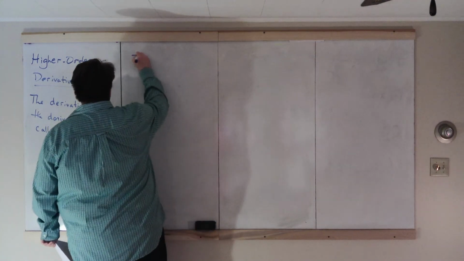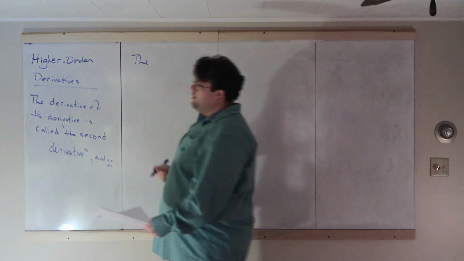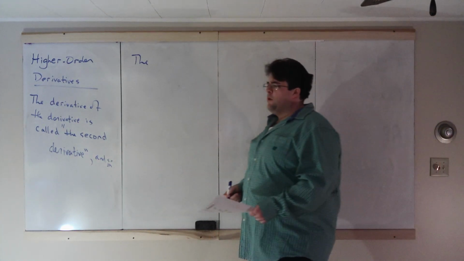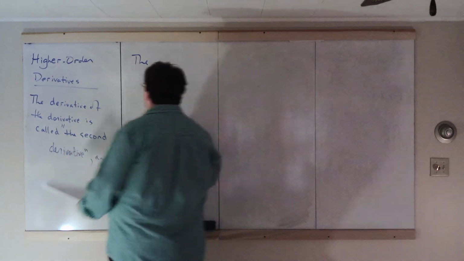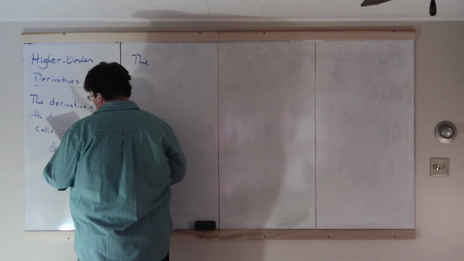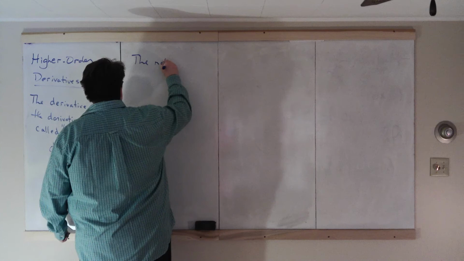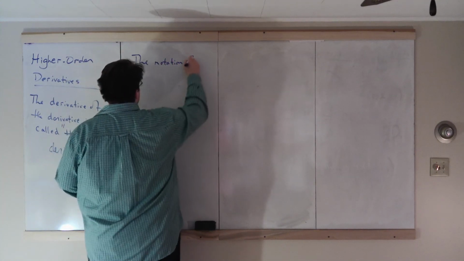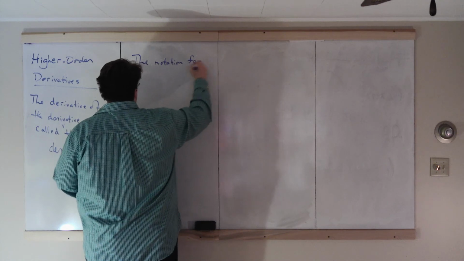The notation, so we'll probably not really see anything with third, fourth derivatives. Maybe one or two questions throughout the semester. We will see the second derivative a few times, so we will establish a notation for that.